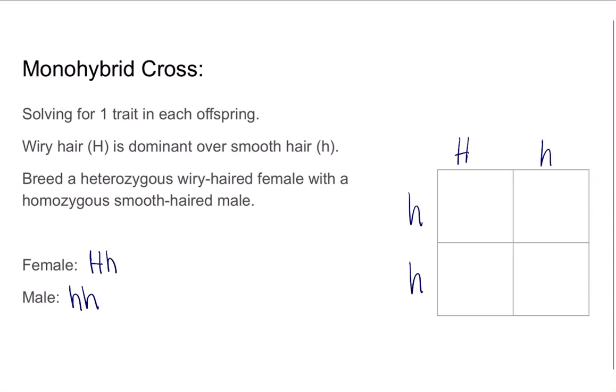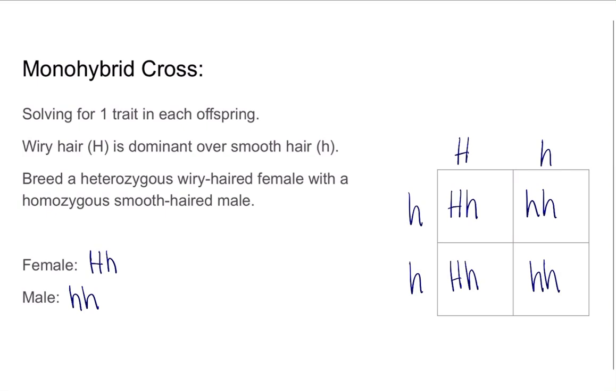The key to this cross is you're going to put each one that corresponds with the row and the column. So this first box right here is going to get a big H, little h. This second box is going to get a little h, little h. And then the third, big H, little h, little h, little h.